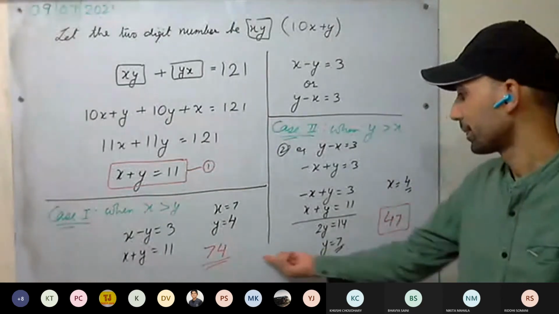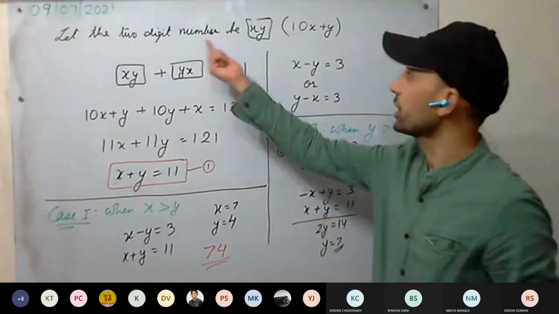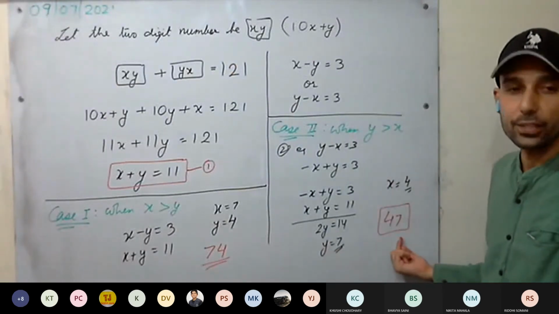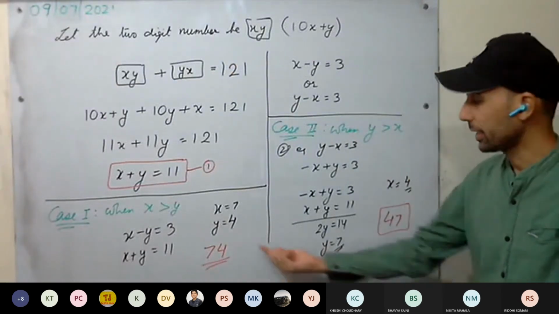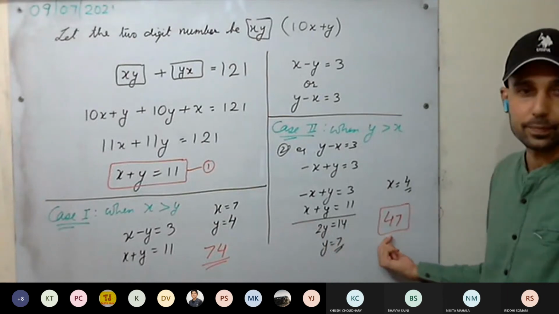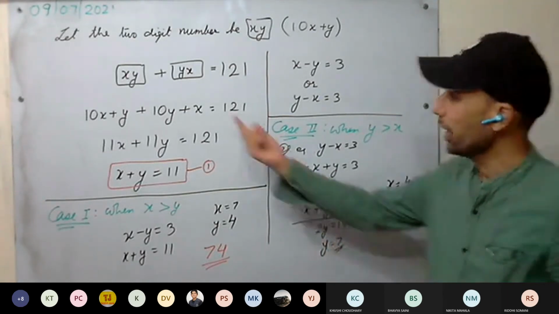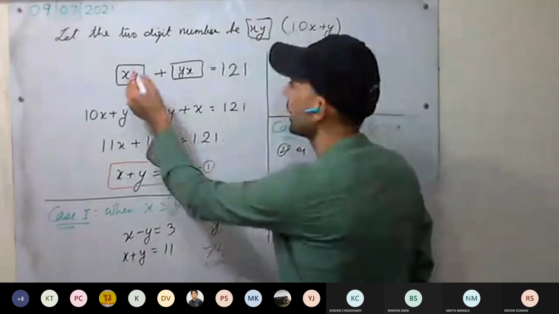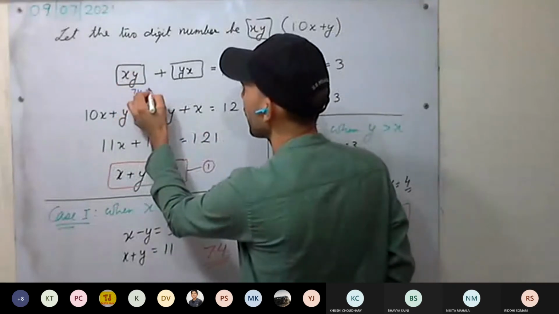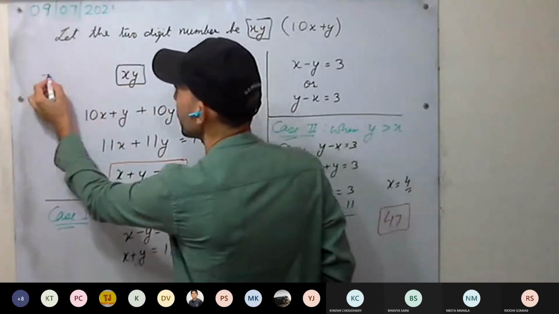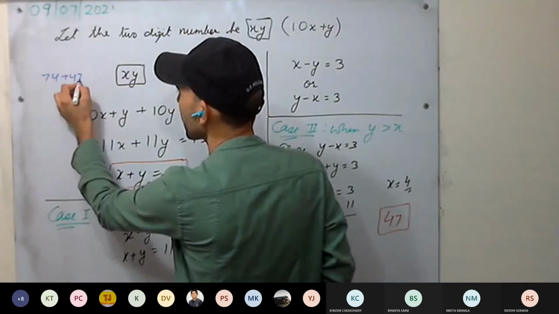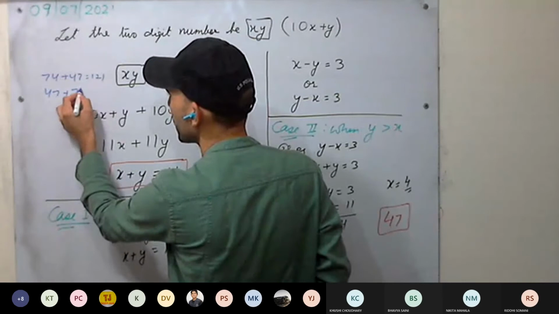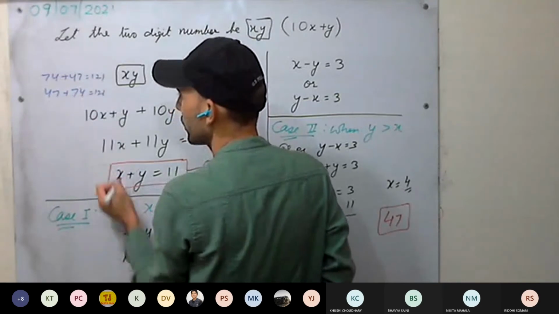Yes or no? So the two-digit number is 74 or 47. This will be the answer. We are having two answers, either this or this. You can check as well: 74 plus 47 is 121, and 47 plus 74 is also 121.